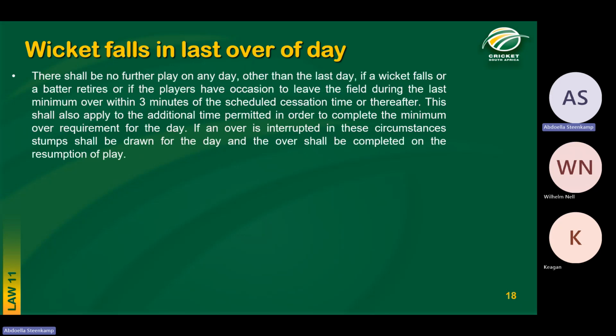The fielding side takes a wicket at 17:28, the second ball of the 104th over. This first portion is telling us that because we're in the last over of the day, and within 3 minutes of the cessation time, it will be stumps. It will be close of play for that particular day.